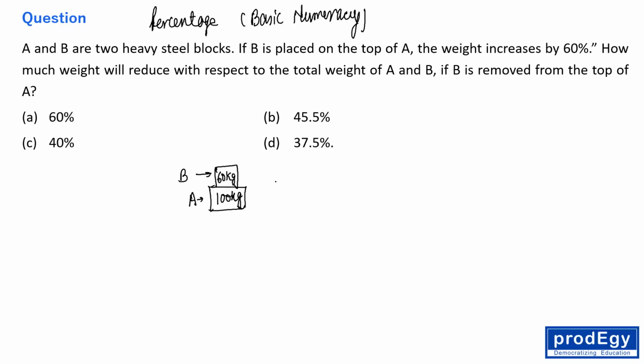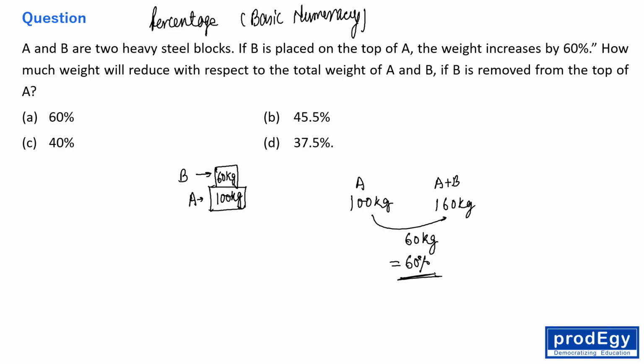So earlier it was 100 kg. When A plus B, the total becomes 160 kg, so this increases by 60 kg with respect to 100. So obviously 60 kg is 60% with respect to 100.